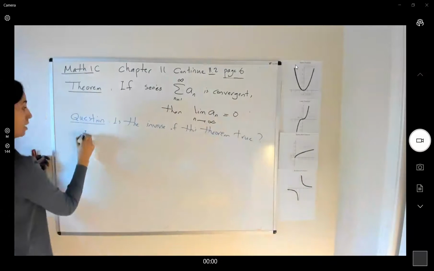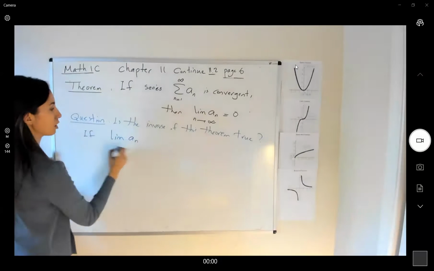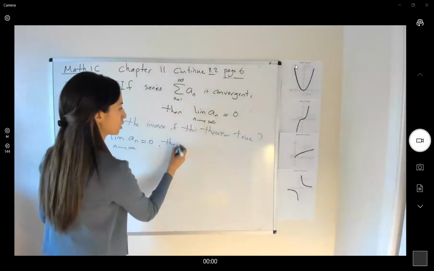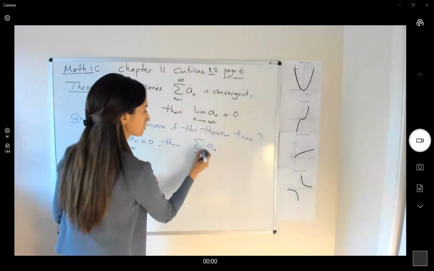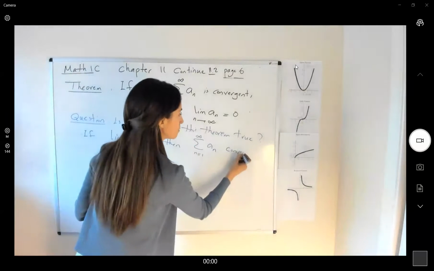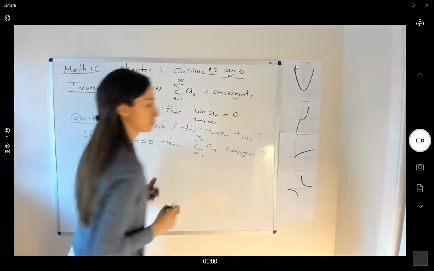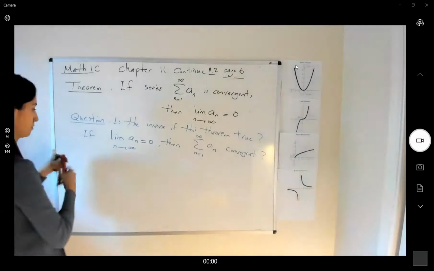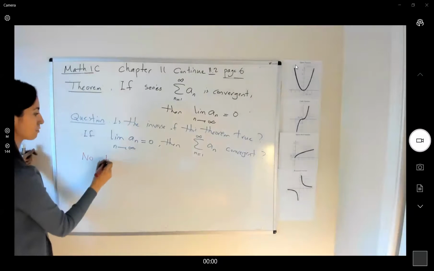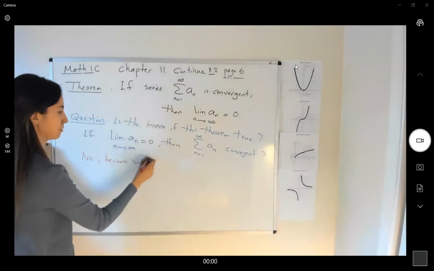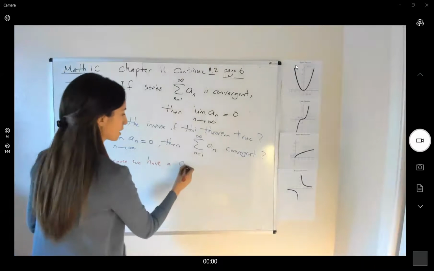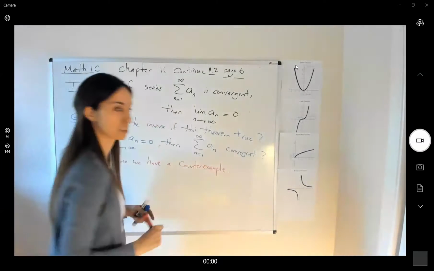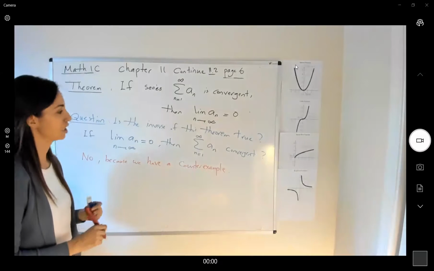It means that if the limit of the general term as n goes to infinity is equal to 0, can I conclude that my series is convergent? The answer is no, because we have a counterexample.